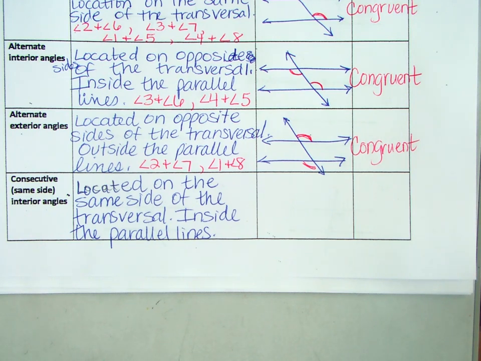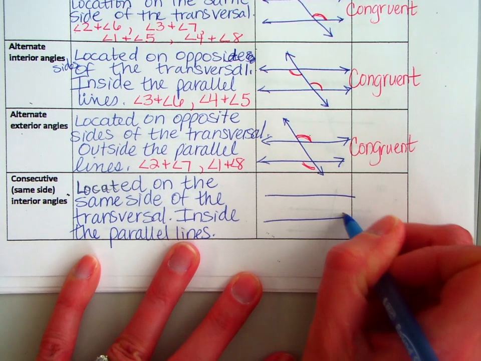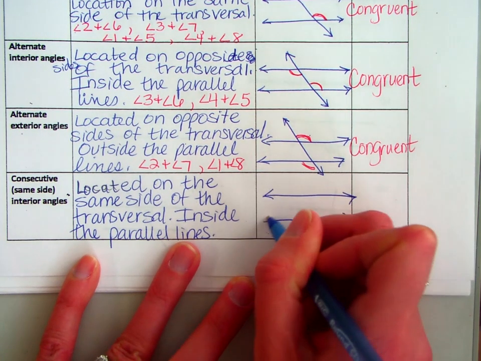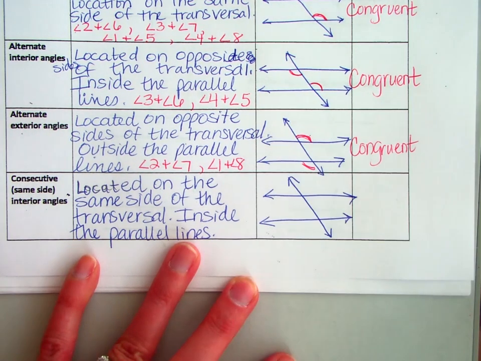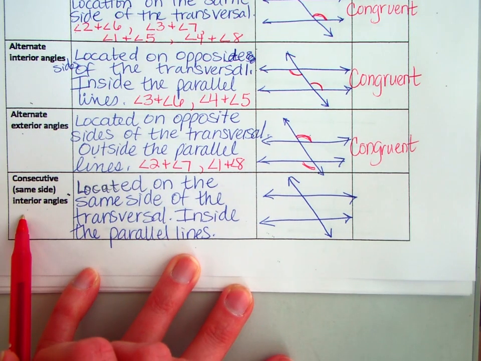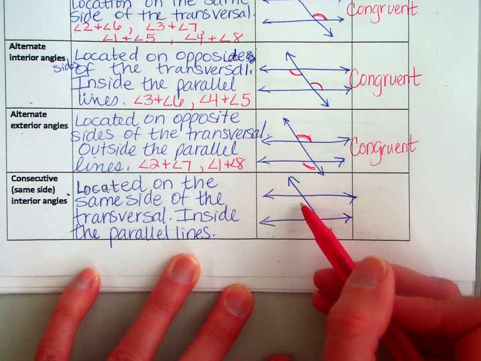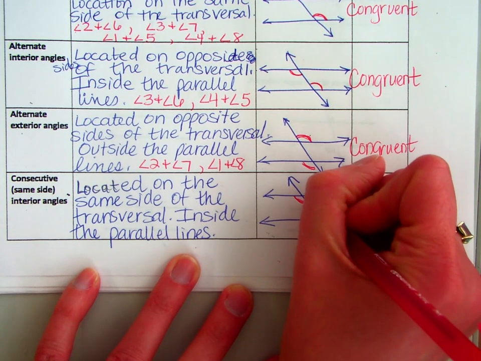We'll draw the diagram one more time and then highlight one sample of the consecutive interior angles. So those have to be on the same side of the transversal together and on the inside. So that would be an example there.